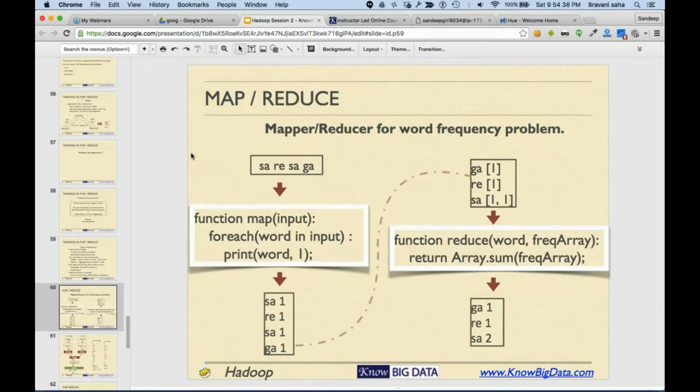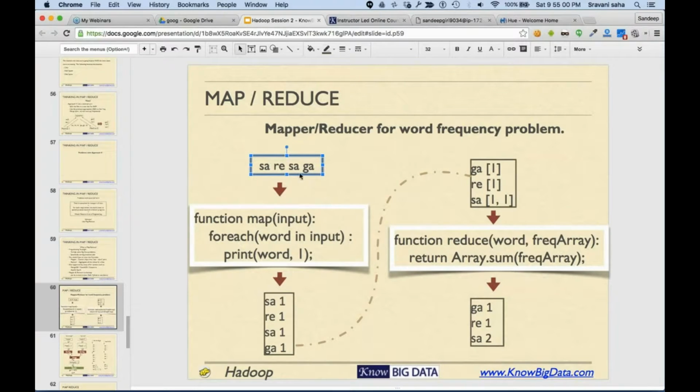What mapper and reducer are going to do is pick the input file. For each line in that input file, your function is going to get called. And this function is telling that this is my key and this is my value. This map function is giving out all the possible key values for every record.